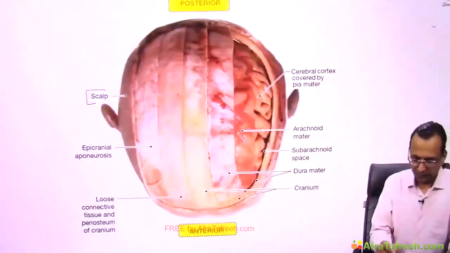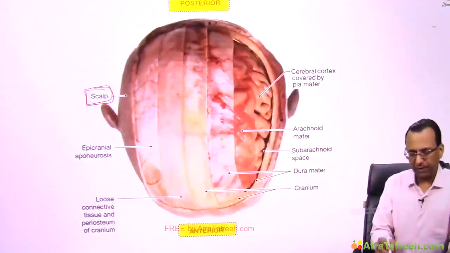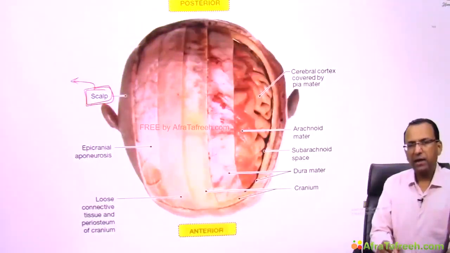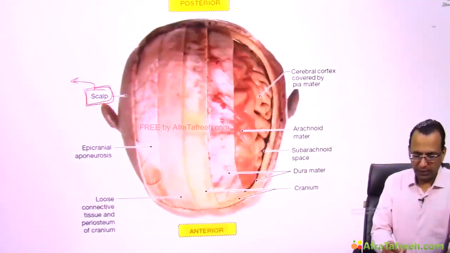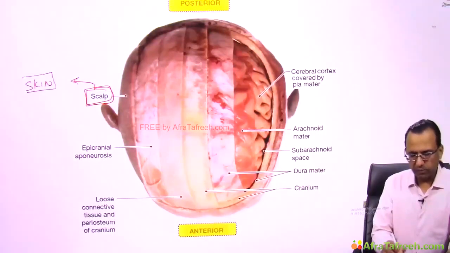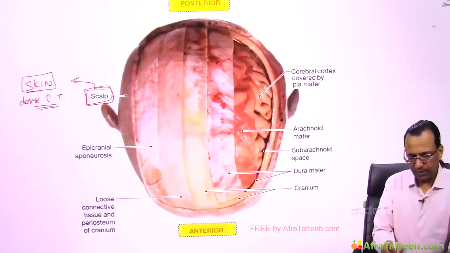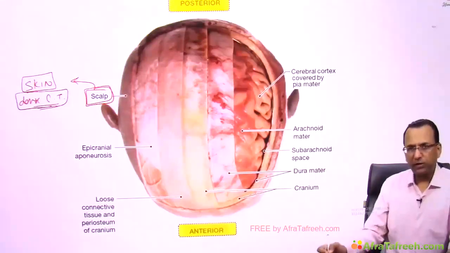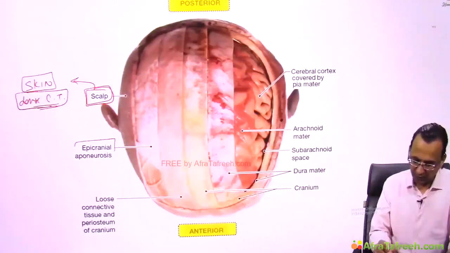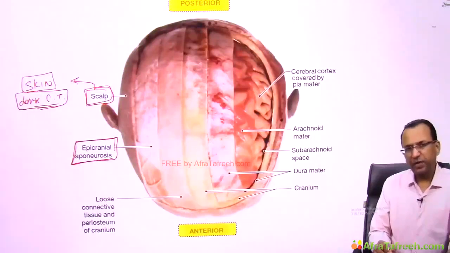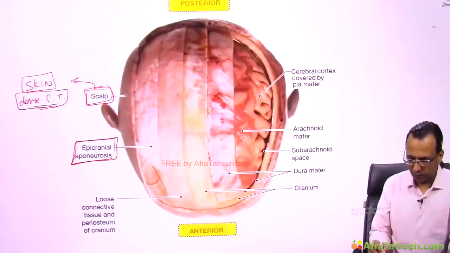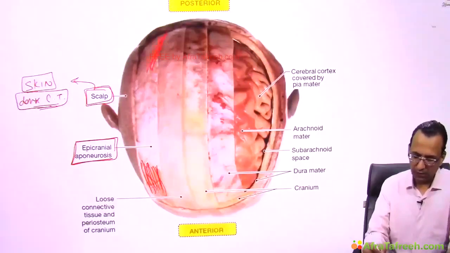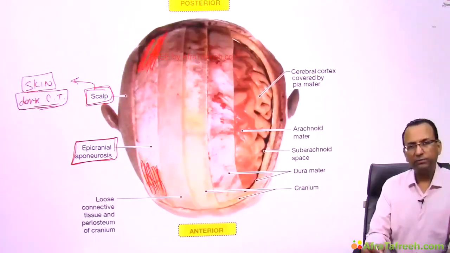The scalp. Actually, when you are talking about the scalp, it has 5 layers. And what are the 5 layers? First is skin. Below that is dense connective tissue. Below that, you will see the aponeurosis. What is that aponeurosis? There is a muscle on the front, the frontalis muscle, and a muscle on the back, the occipitalis.